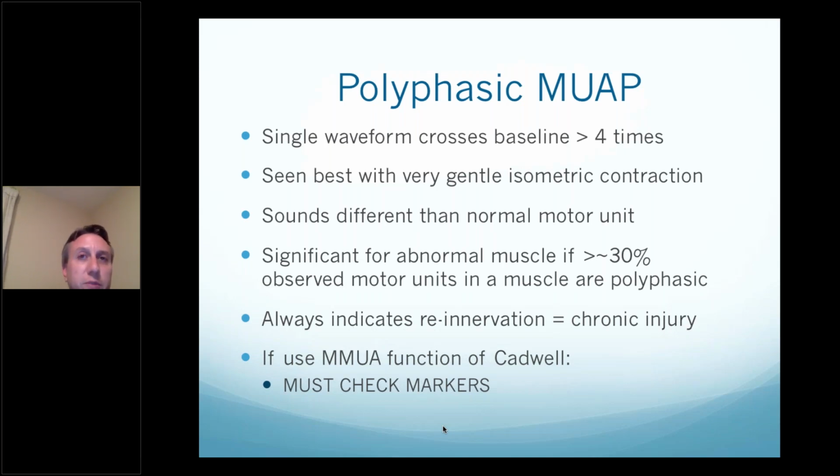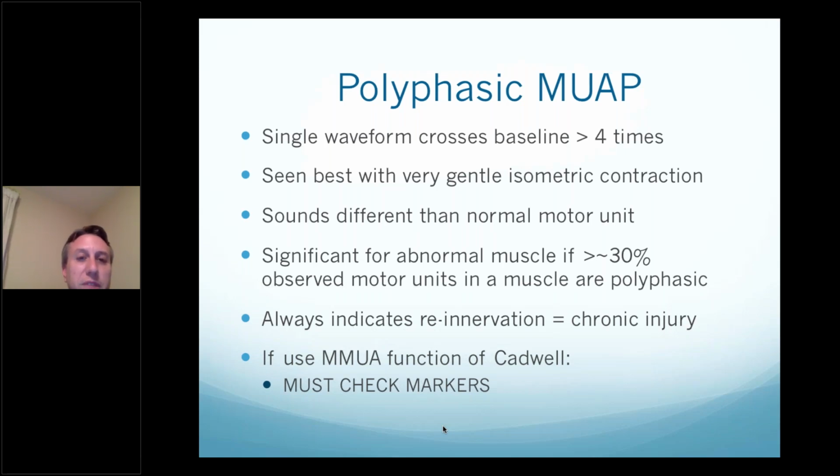Exactly. If you contract too hard, you'll have too many motor units, and you can't differentiate between when one ends and when the other begins. So you really need the person to do as minimal a contraction as possible.